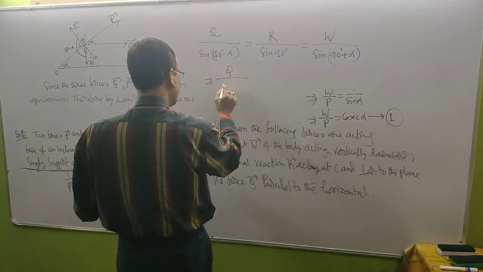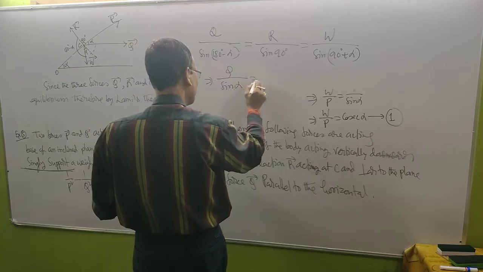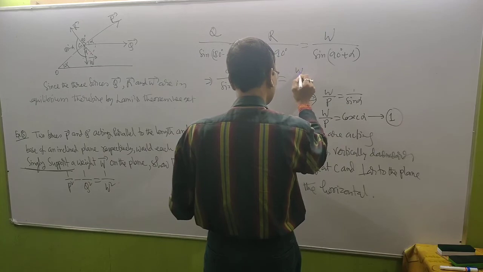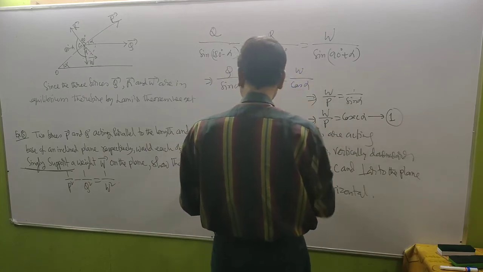This means Q by sin alpha equals R by 1 equals W divided by cos alpha.